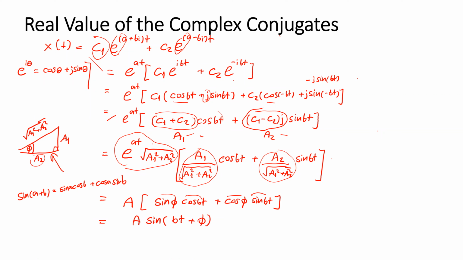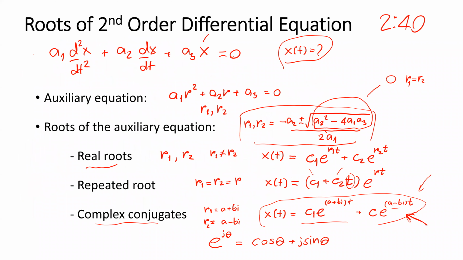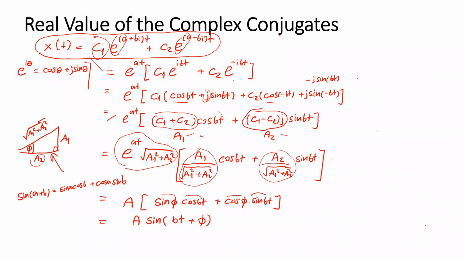This is just a proof that if we have the solution for the response for the case of complex conjugate, you may describe your response x(t) by these complicated terms, or we know that it's equivalent to another simplified form.